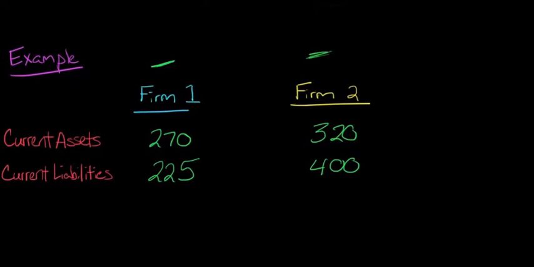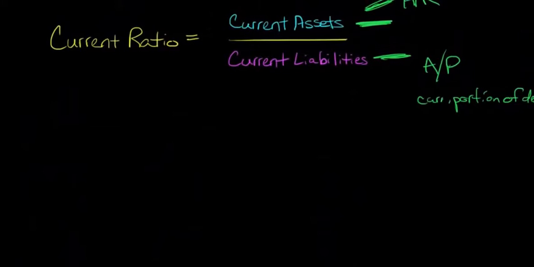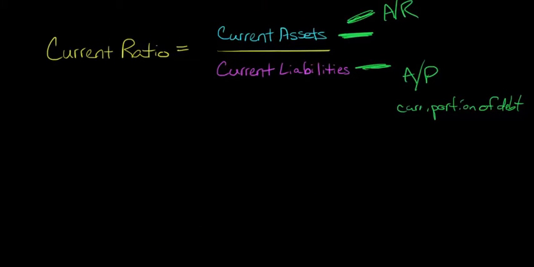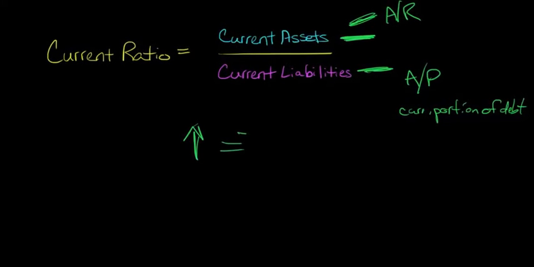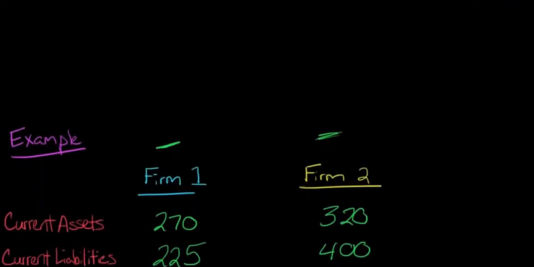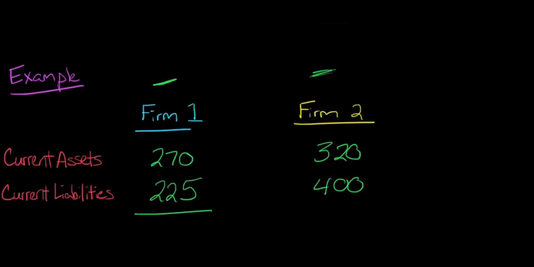Now we just want to calculate the current ratio. Let's go back and look at this simple formula. We just take the current assets and divide by current liabilities, and the higher the number is, the higher the liquidity. So let's scroll back down. For each firm, we just take the current assets divided by the current liabilities.